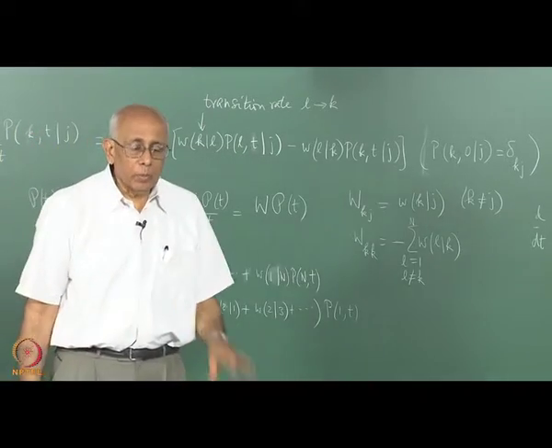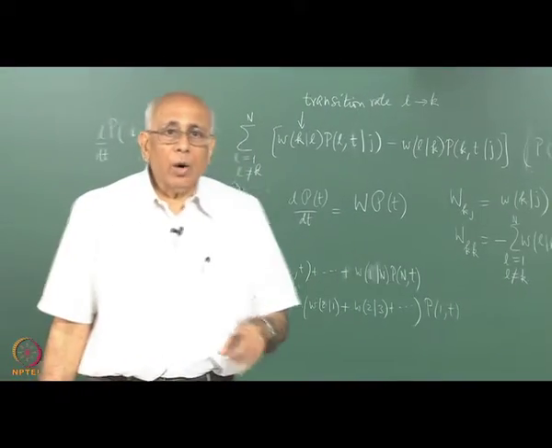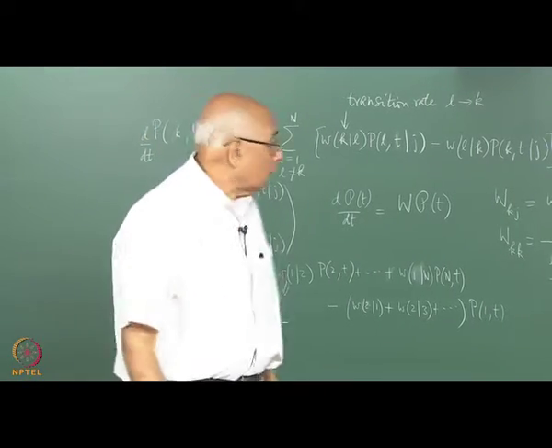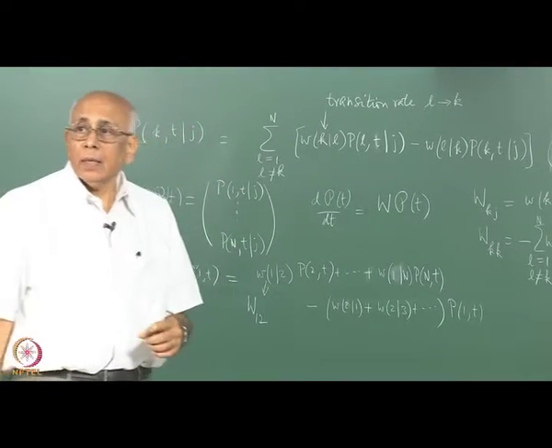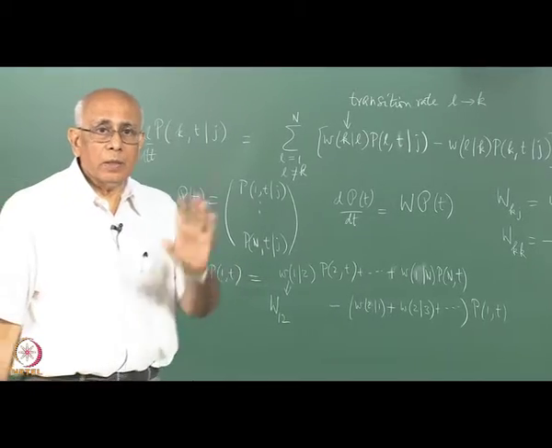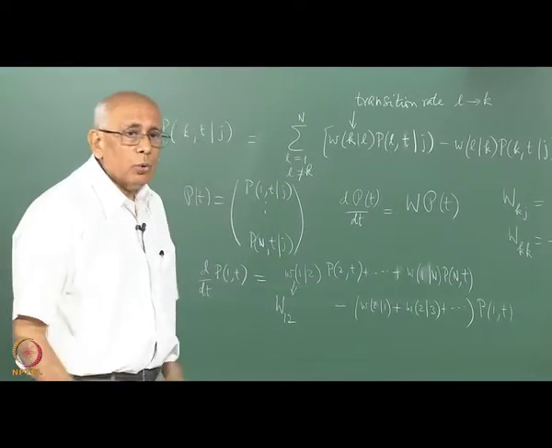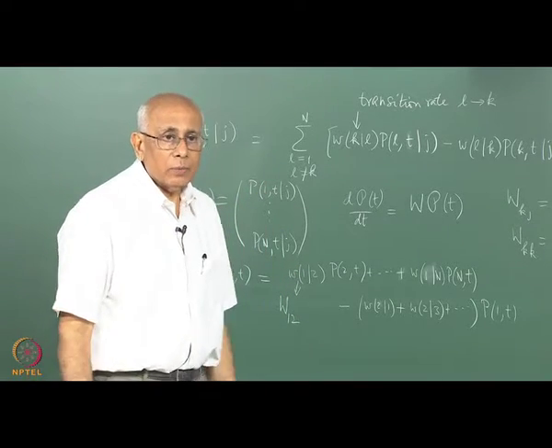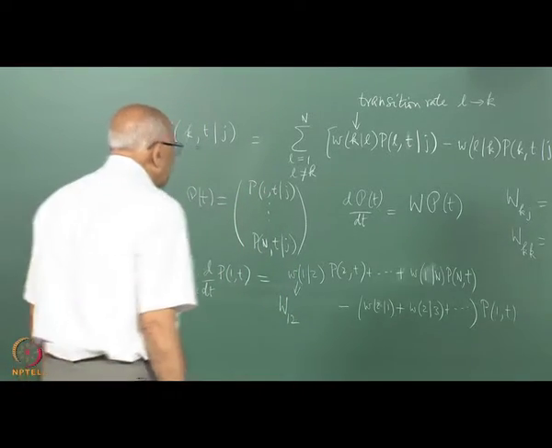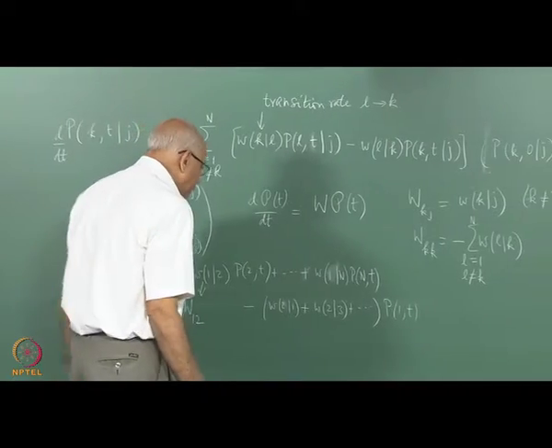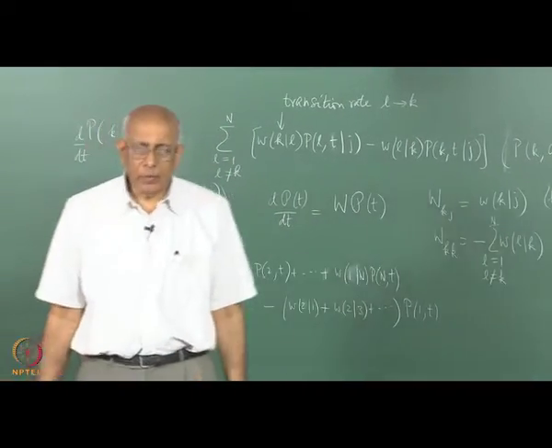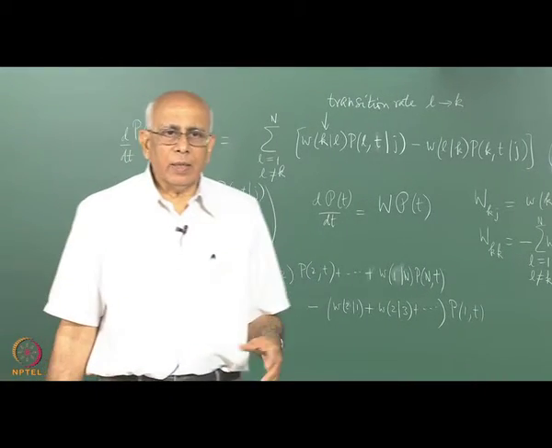So the important thing to remember is that the off diagonal elements of W are the transition rates, and they are non-negative, they are either 0 or positive. If two states are not directly connected, then that particular W happens to be 0. We are making some technical assumptions here about the nature of this W matrix.